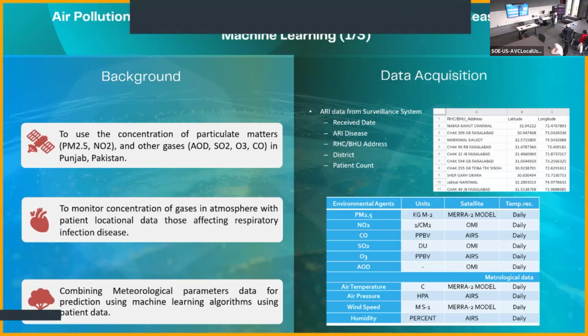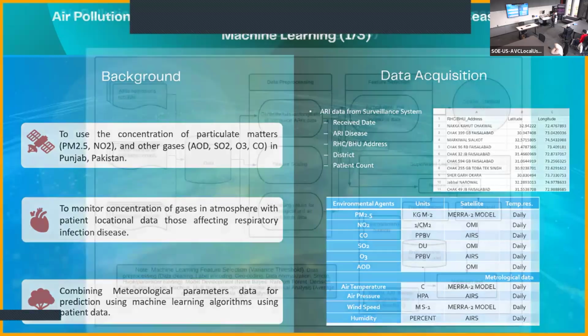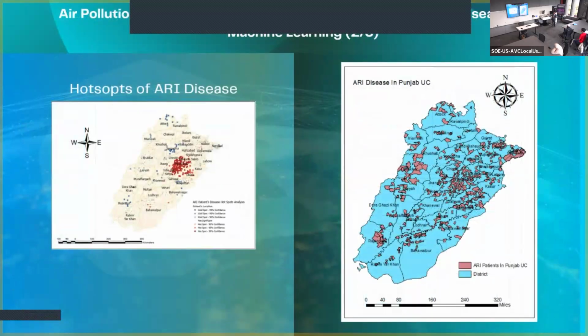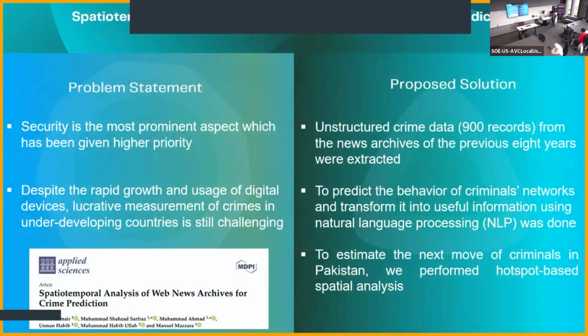So we also integrated the meteorological parameter data for predicting, and we applied the machine learning algorithm again for getting the best result based on this data set. And we plotted all the data of the patients and the other data sets, and we got the outcomes of which regions have more specific disease or issues.